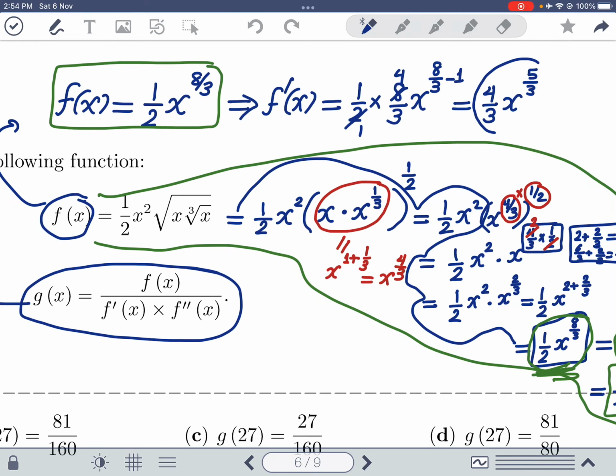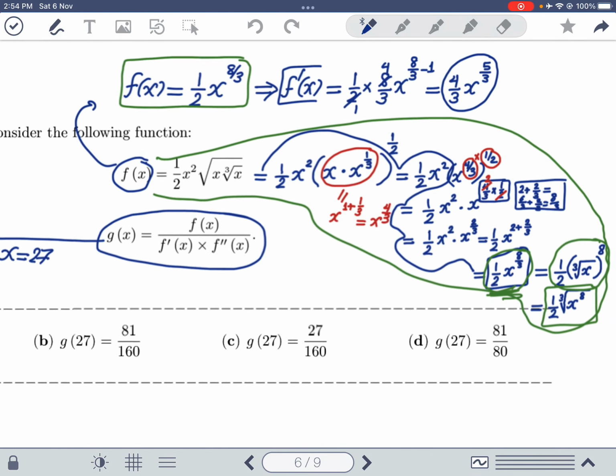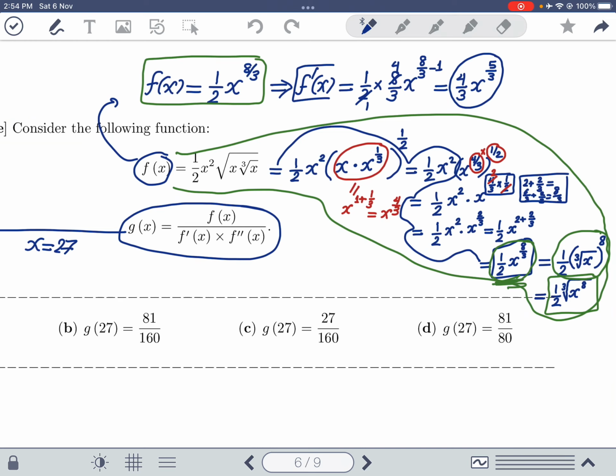You can also do this easily on your calculator if you don't want to spend time on fractions. Notice that here they're also asking about f double prime. That's why I have simplified f, then found f prime, and the last thing is to find f double prime.